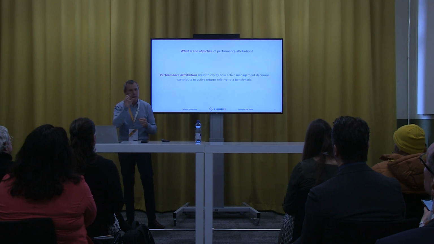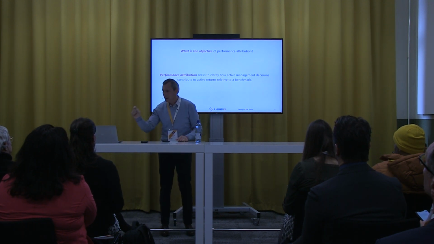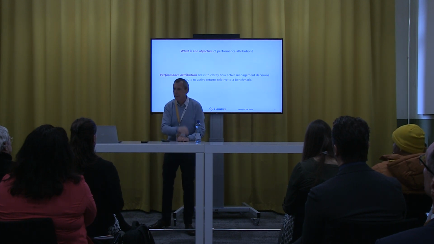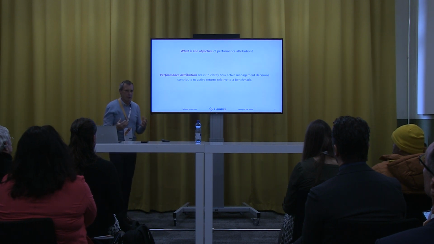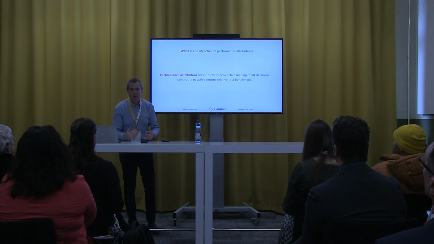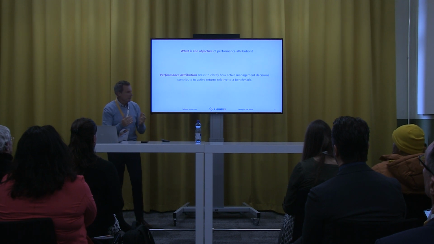With performance attribution, I want to measure the impact of overweighting that industry by 5%. What is the contribution of that active decision? It will be the same for ESG: what is the impact of excluding some industries in my strategy? What is the impact?